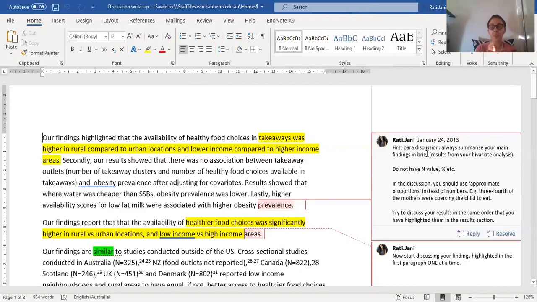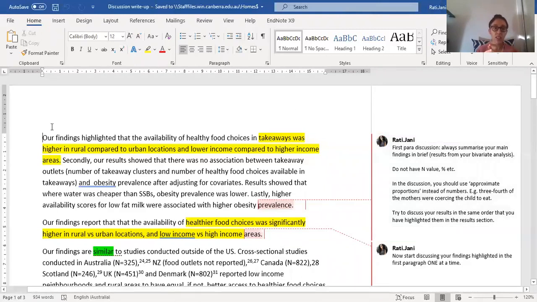Okay, so now, for example, your main findings could be that our key findings highlighted that there was a change, say an improvement, in knowledge about the importance of fruit and vegetable consumption among children before and after the intervention, and regarding their awareness of fruit and the Australian guides to healthy eating.